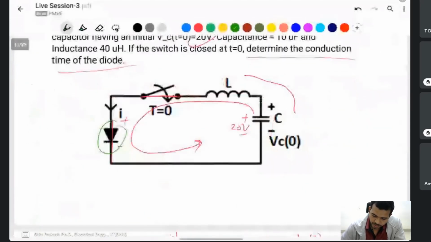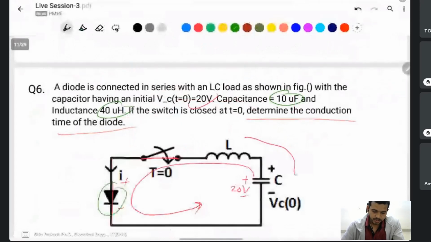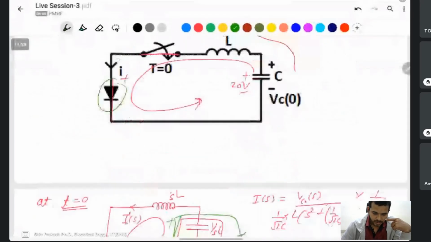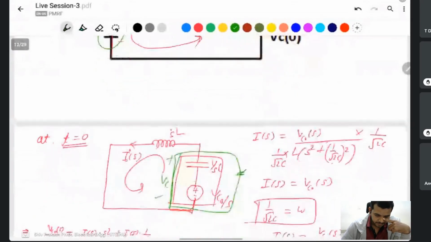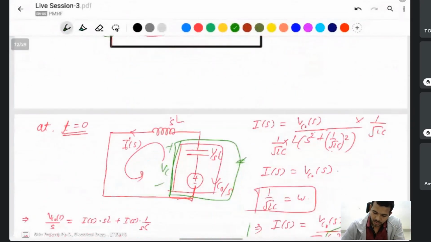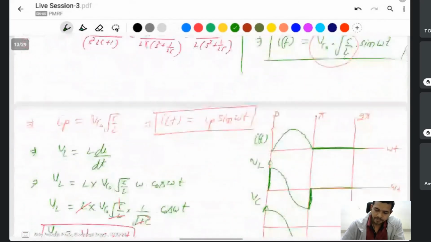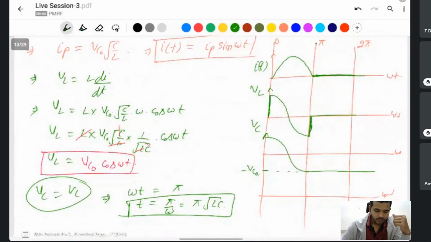Same thing, put the 10 microfarad and 40 microfarad and find. You can also find the average and RMS value of the current for the same.